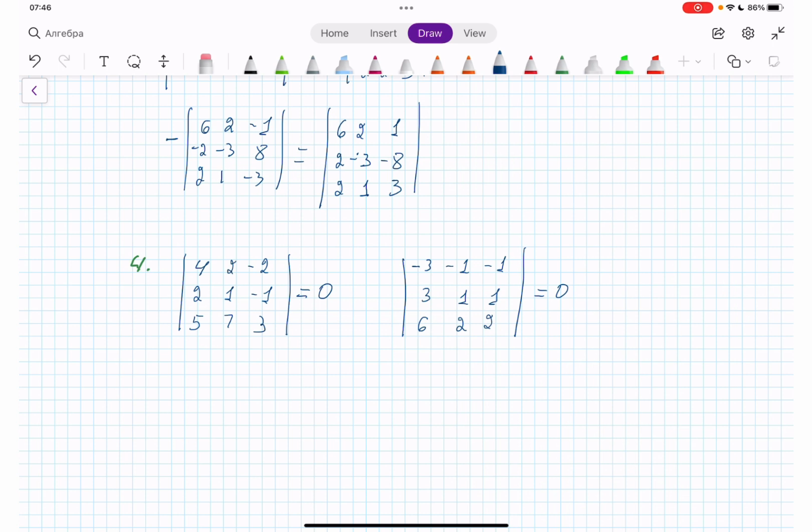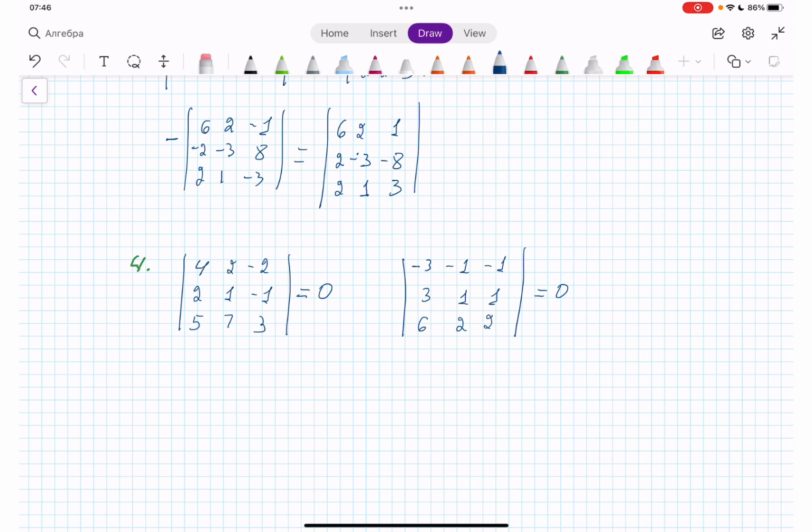It's not true, the vice versa statement. Therefore, the linear relationship of rows or columns may not be explicit.